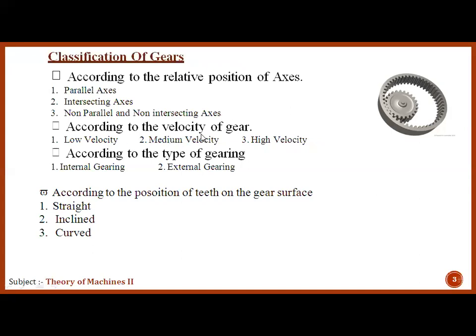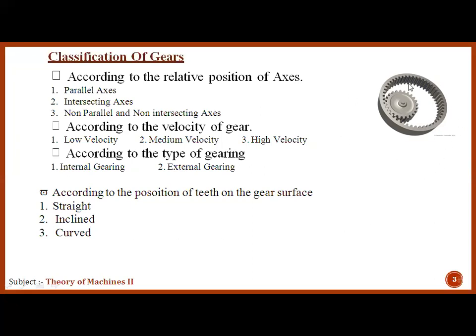Then according to the velocity of the gears: low velocity gear, medium velocity gear and high velocity gear. Third is according to the type of gearing: first is internal gearing and second is external gearing. Then according to the position of the teeth on the gear surface, whether the gear teeth are straight, inclined or curved, that is another type.